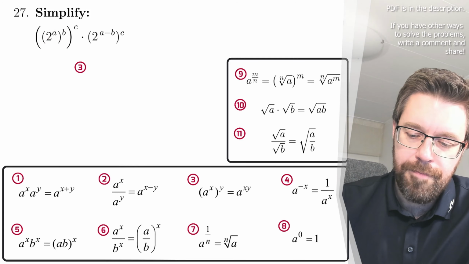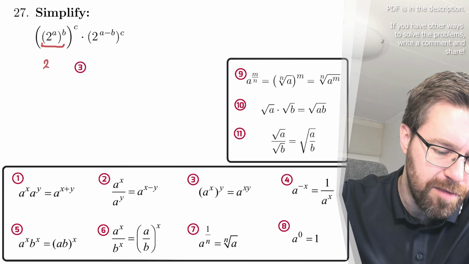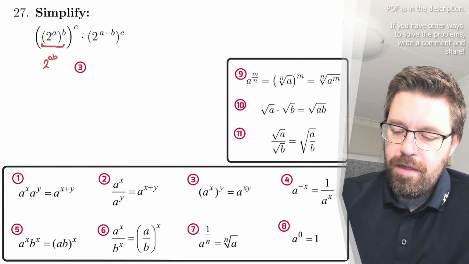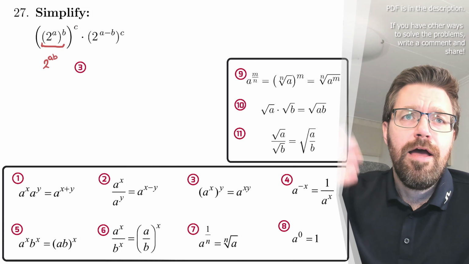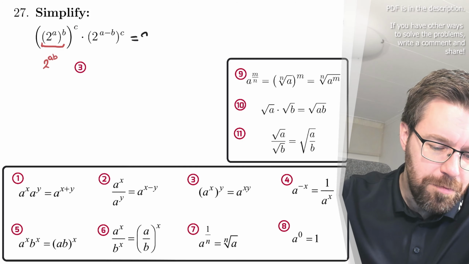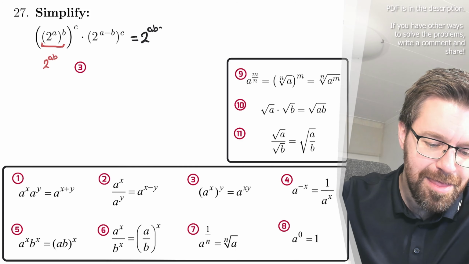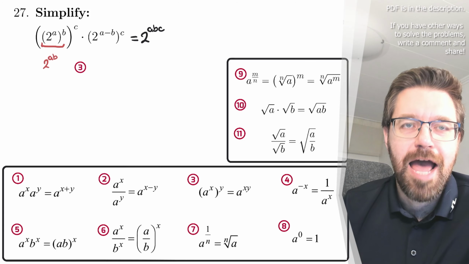This bit inside equals 2 raised by a times b. And if we have 2 raised by a times b and then raised by c, then we multiply with c as well. So the first factor equals 2 raised by abc.